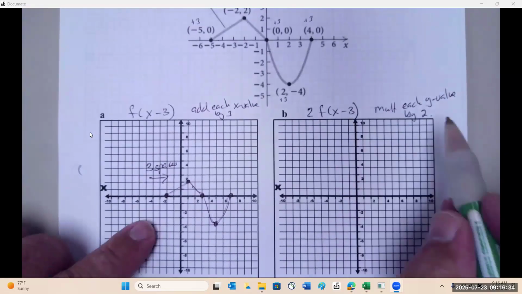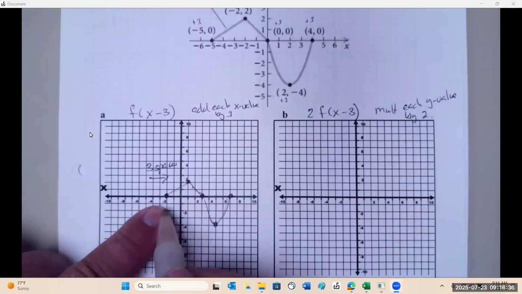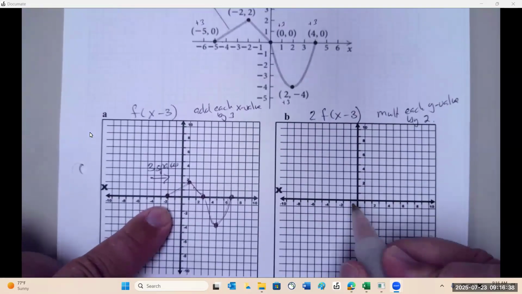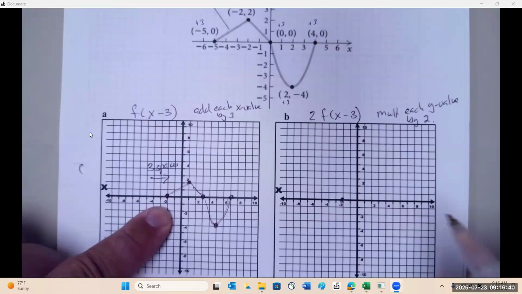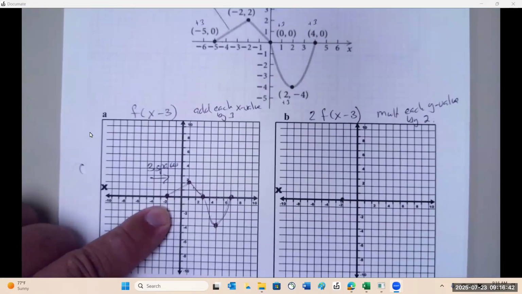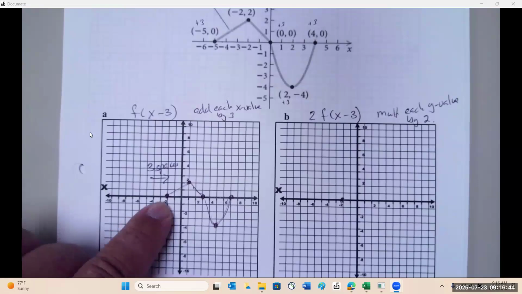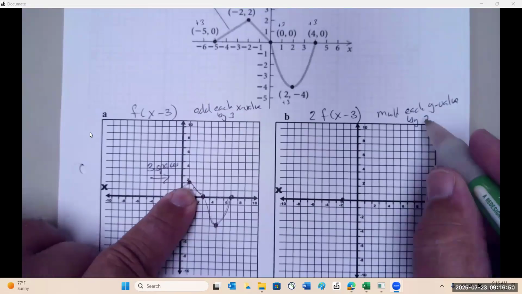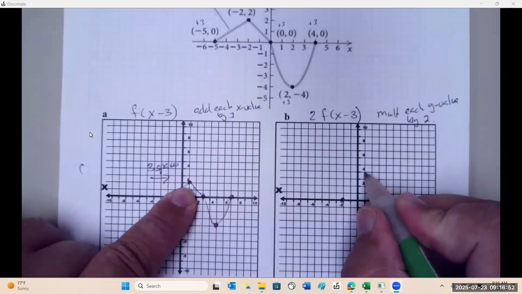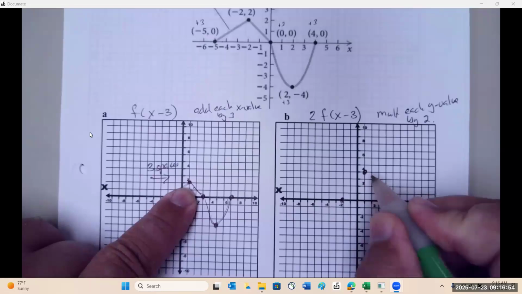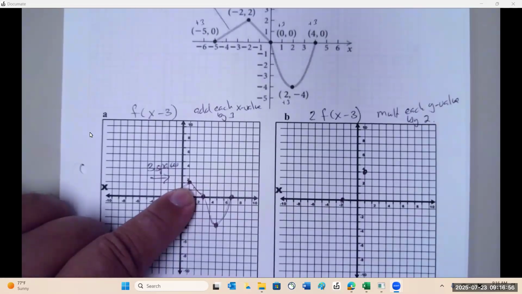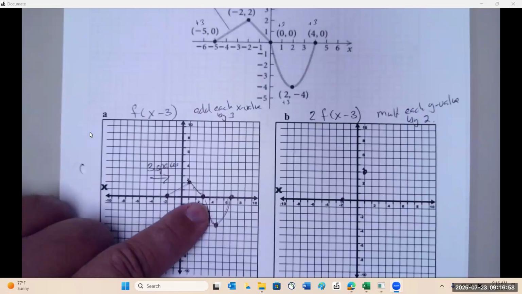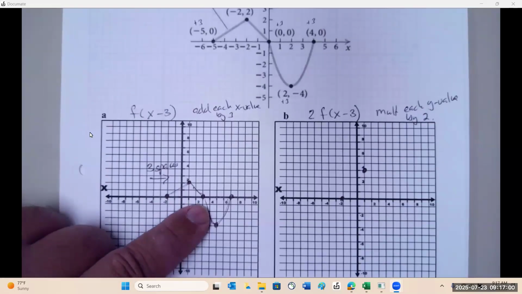So my y values. The first one is at negative 2, 0. 0 times 2 is 0, so it stays there. The next one is at 1, 2. Multiplied, so it's at 1, 4. Next one's at 3, 0.